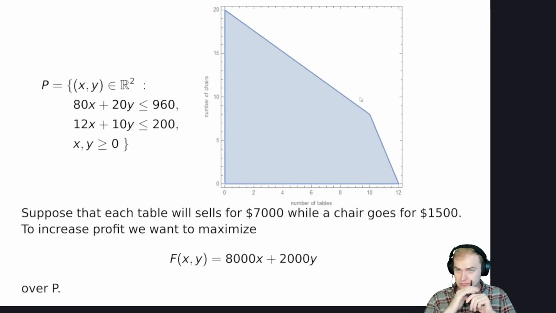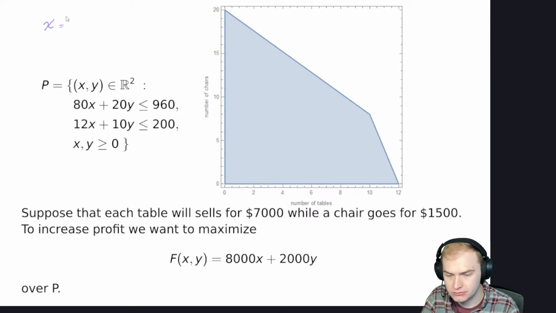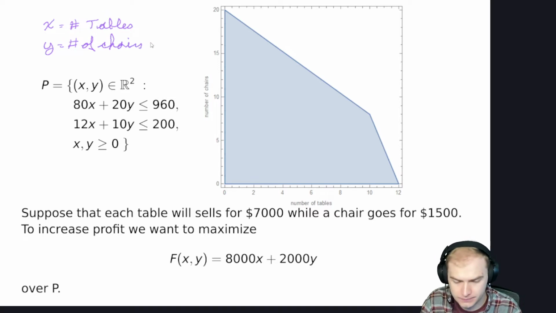So we have this sort of feasible region. If x is the number of chairs, or correction, x is the number of tables, and y is the number of chairs.